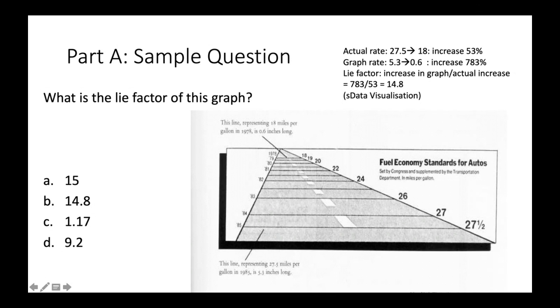And then the increase is 53%. And in the graph, the drawing here is from 0.6 inch to 5.3 inches, right? Then the increase is 783%. Yeah, I think that's the formula.